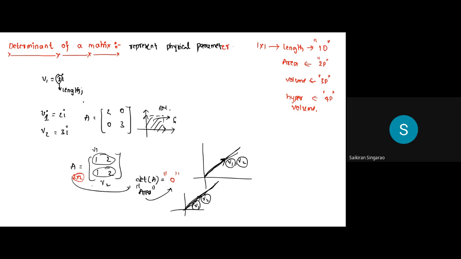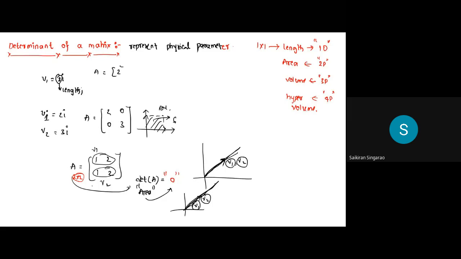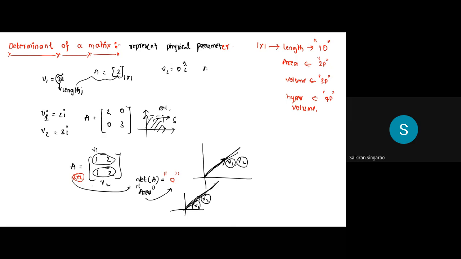Now let us go back and try to understand length. See, I am telling that there is a matrix A whose element is this 2, which is a 1 cross 1 matrix. Now what is this 2, sir? This is length 2. Now let me write another vector v1 which is 0 I cap. So what will be the matrix representing this? 0. What will be the determinant of this, sir? This is 0.